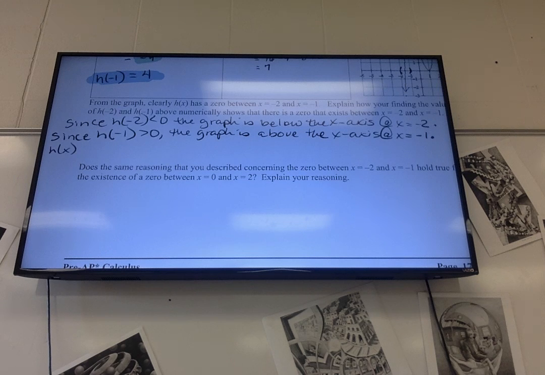H of x is continuous, meaning I don't have a piecewise function where I have a jump. I don't have a discontinuity, and we talked about that before. And goes from below to above.